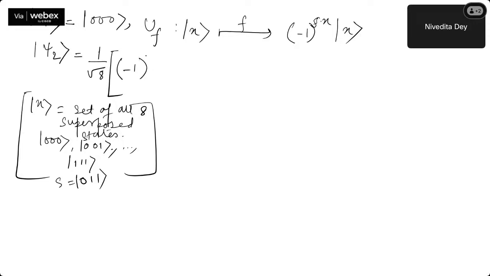That's (-1) to the power... Let me write another line. Say s is 011, and this is x. Then you will understand it even better. So now I will apply the ket thing.